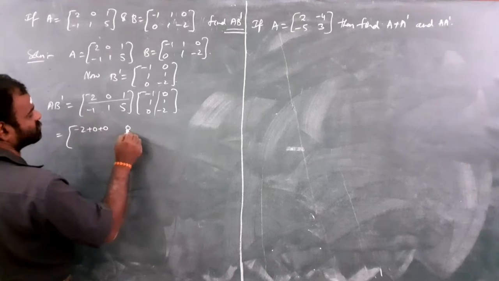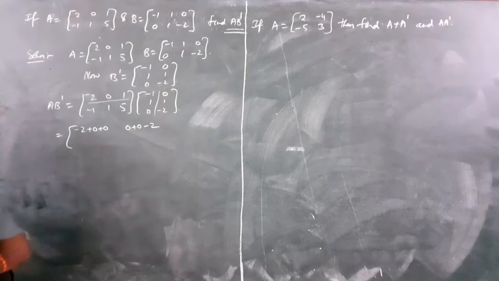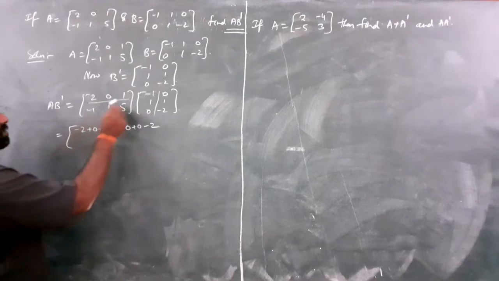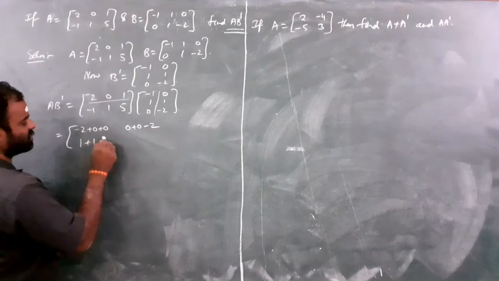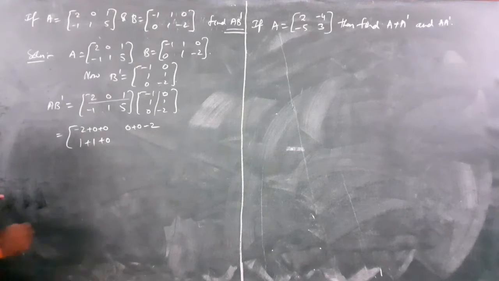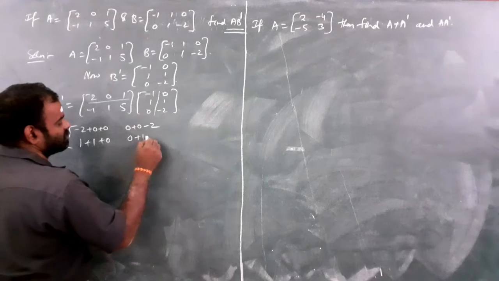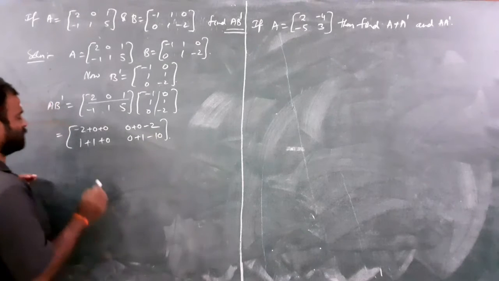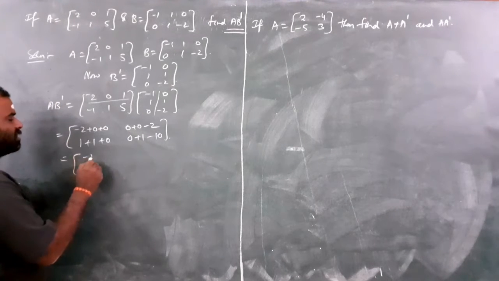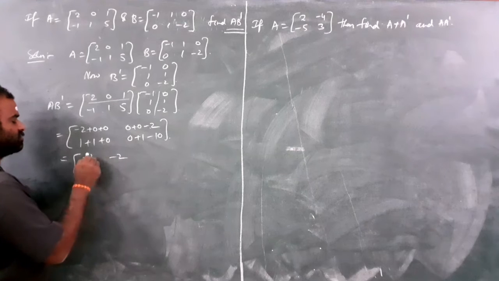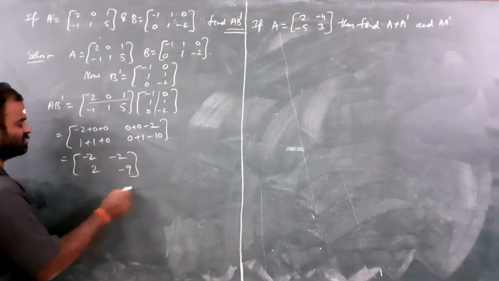Again 2 into 0, 0, plus 0 into 1, 0, plus 1 into minus 2, minus 2. Again minus 1 into minus 1, 1, plus 1 into 1, 1, plus 5 into 0, 0. Again minus 1 into 0, plus 1 into 1, 1, 5 into minus 2, minus 10. So you have to add these things: minus 2, here also minus 2, 1 plus 1 is 2, 1 minus 10 is minus 9.